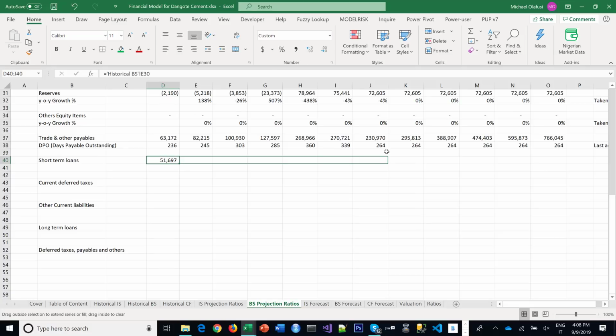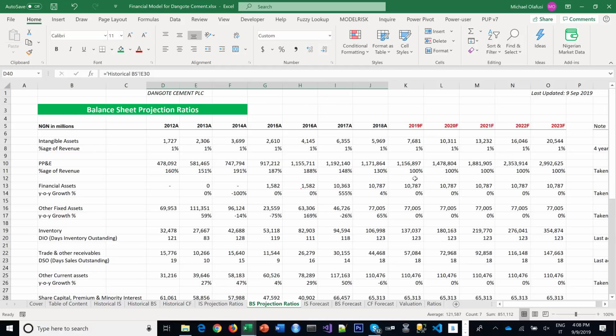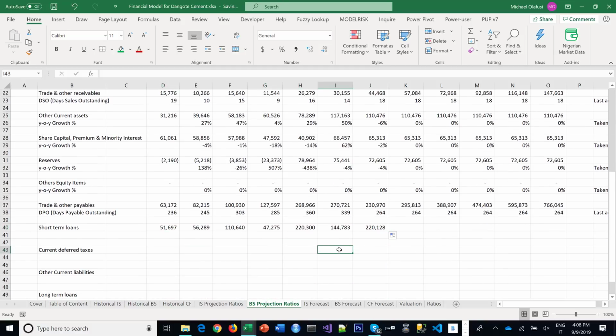I drag into the future, and then again, if I do not have the debt schedule for the company, in the future I will do another example where we are going to build one.